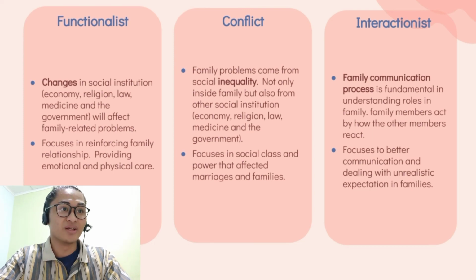And then the third, the symbolic interactionist perspective. They view the family communication process as fundamental in understanding roles in the family. Family members act by how the other members react. Partners' expectations will eventually lead to marital dissatisfaction and, worse, divorce. For example, the differences in how husband and wife see their marriages.